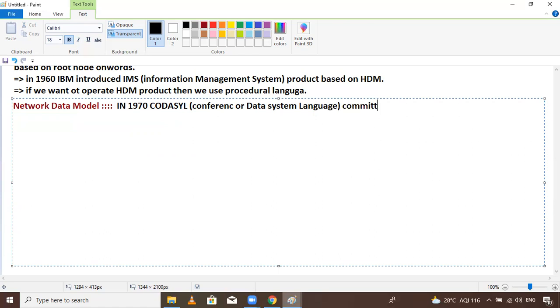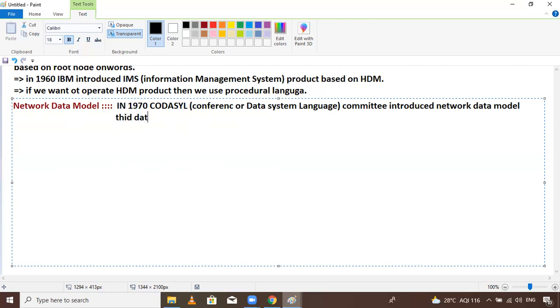This committee introduced the network data model.